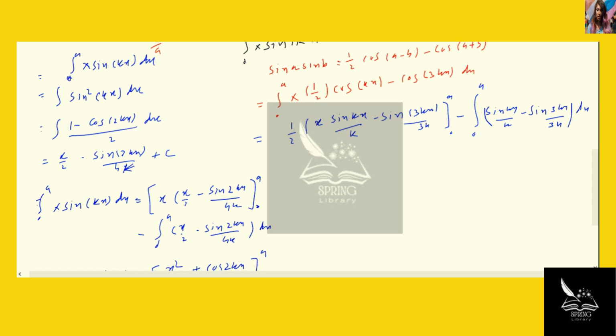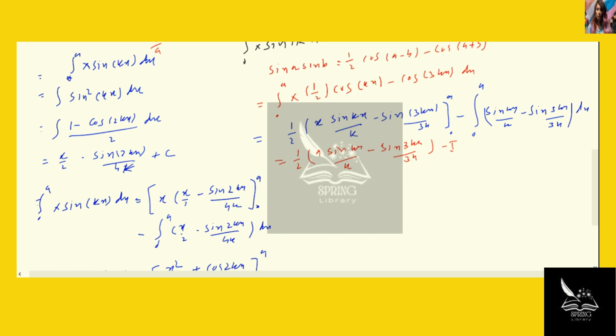And this is equal to 1 out of 2 into a (sin ka out of k minus sin 3ka out of 3k) minus the integral.